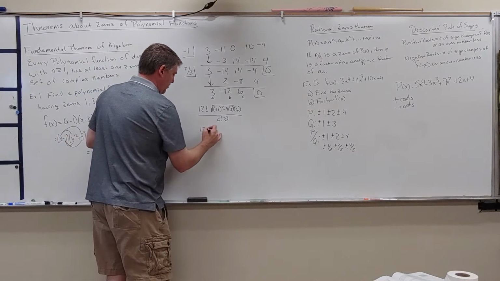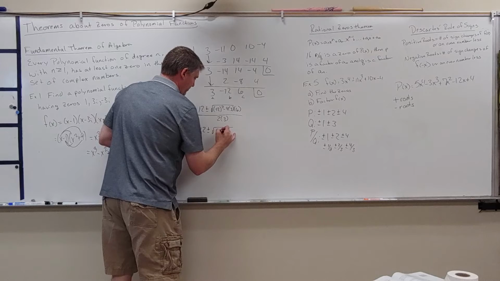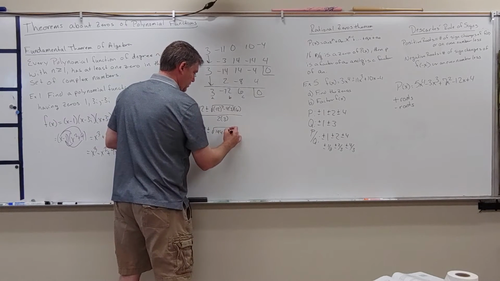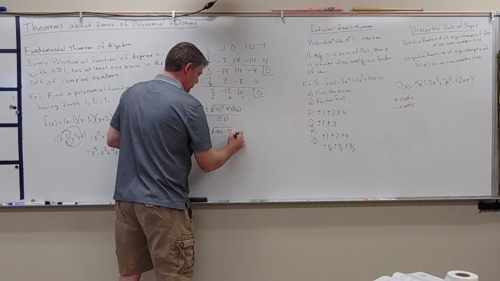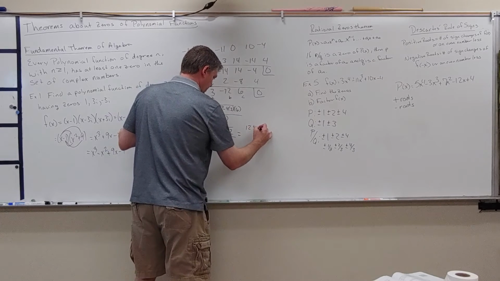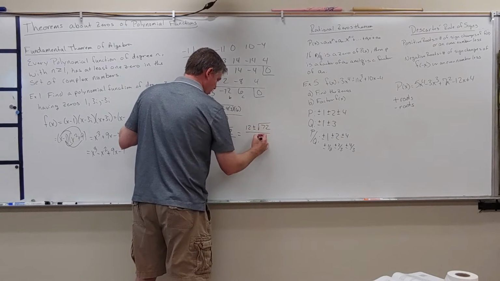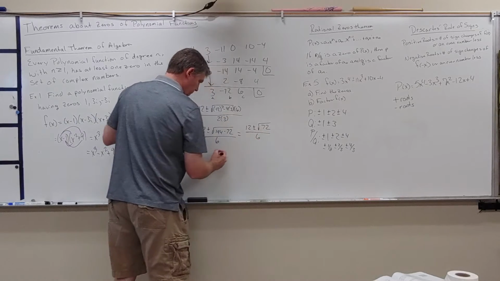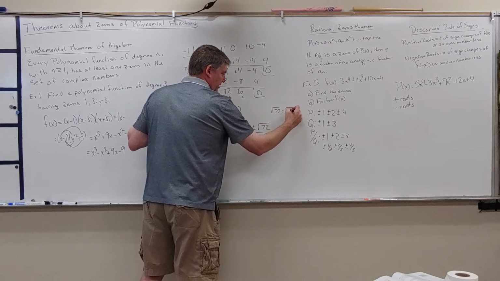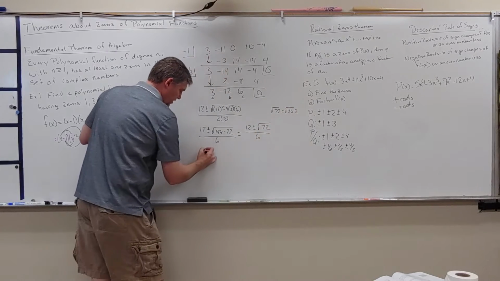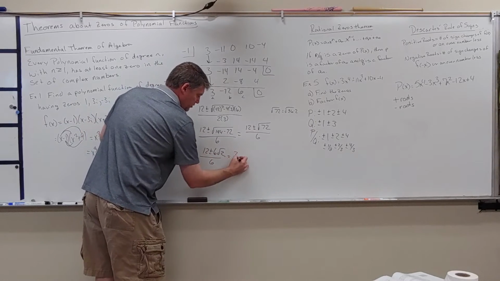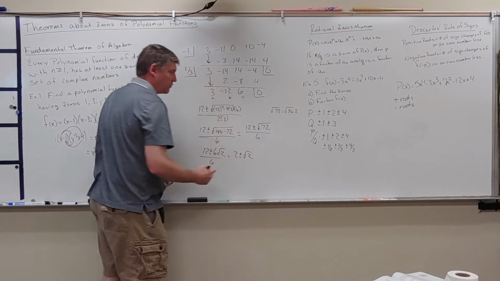So this is 12 plus or minus the square root of 144 minus 72, over 6. Gives me 12 plus or minus the square root of 72 over 6. So I know that the square root of 72 is equal to the square root of 36 times 2, so that's 6. So I have 12 plus or minus 6 square roots of 2 over 6, or 2 plus or minus the square root of 2.